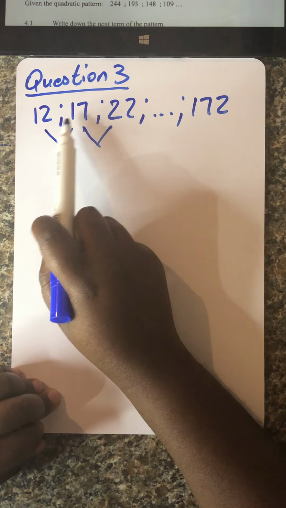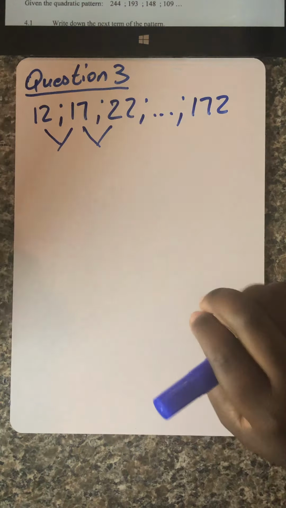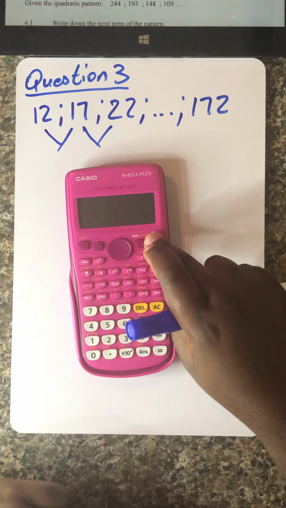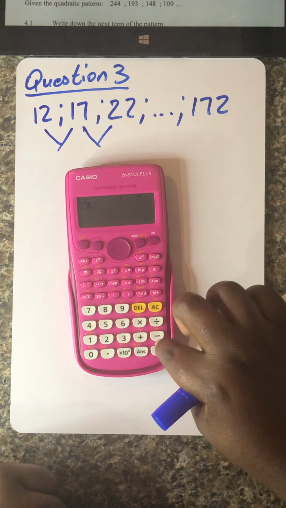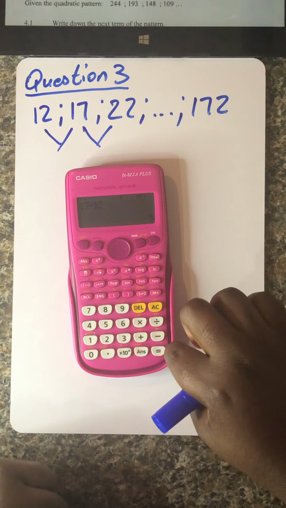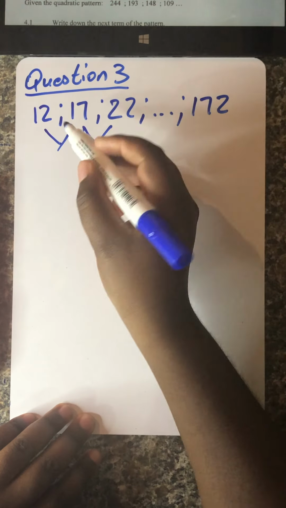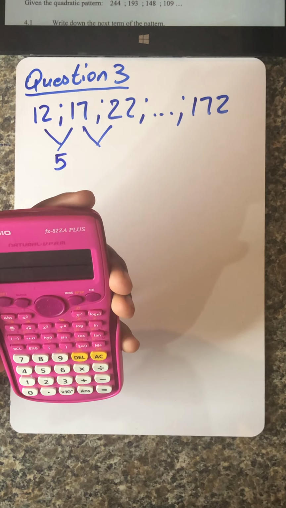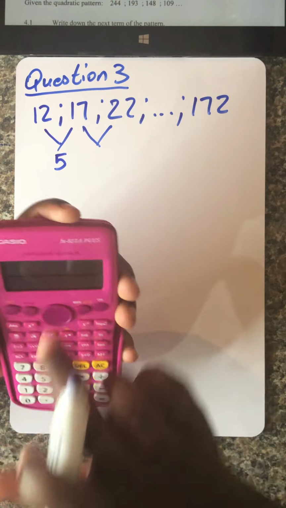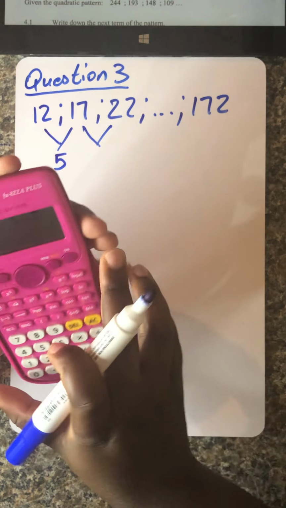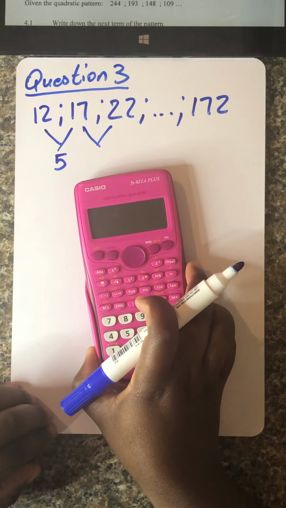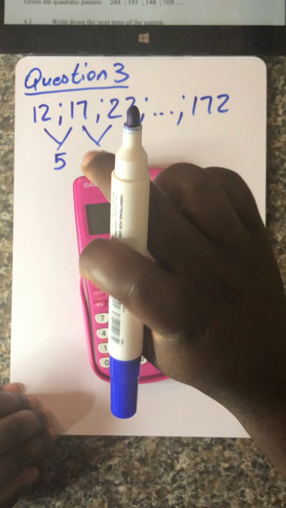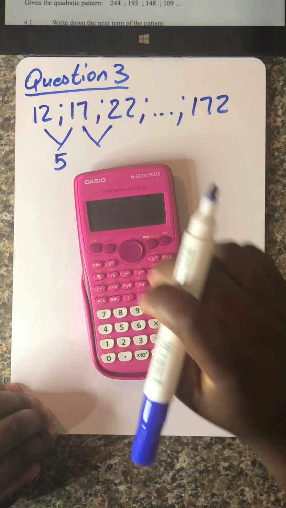So 17 minus 12. Even if you know it by heart, at all times I rely on a calculator. It's 5. So that means we've got 5. And this calculator, I don't know what's wrong with it, but when a calculator gives you a problem, you can just smash it, there you go.